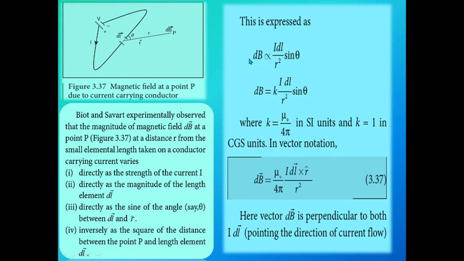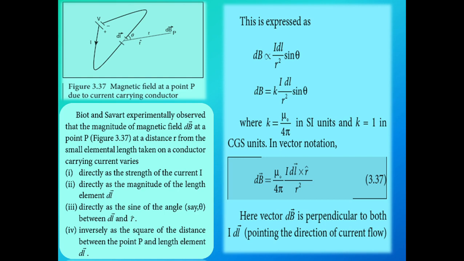dB is nothing but the magnetic field. The magnetic field is directly proportional to the current, directly proportional to dl, that means the magnitude of the length of the element dl, and inversely proportional to the square of the distance between the point P and the length element dl vector.